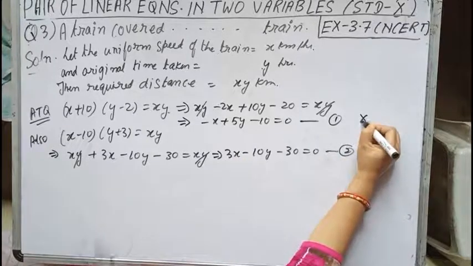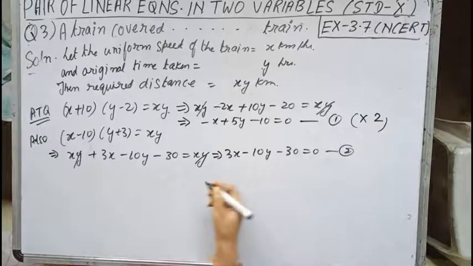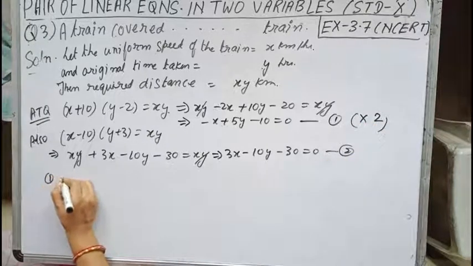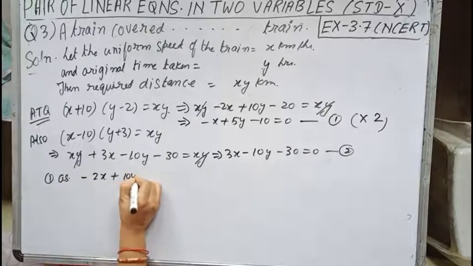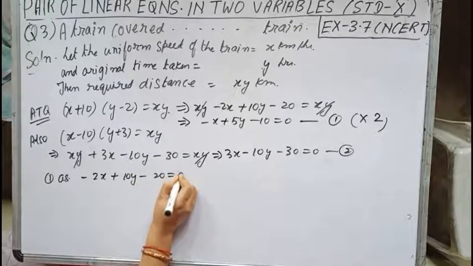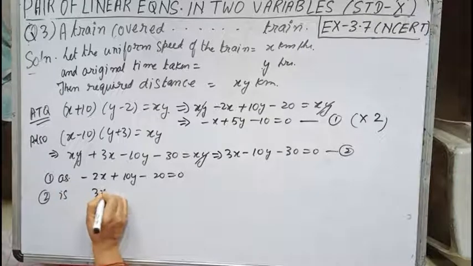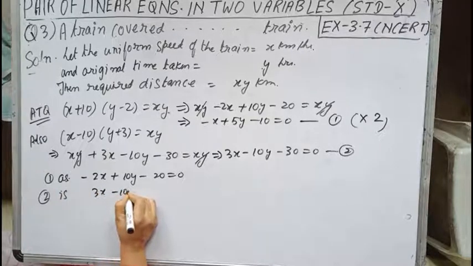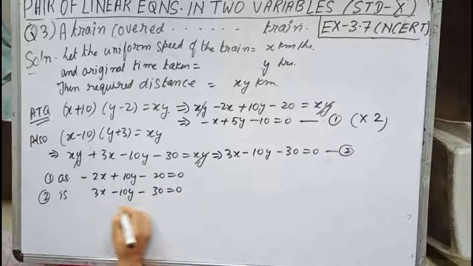Let us multiply equation 1 by 2. So if we multiply this by 2, I will be getting minus 2x plus 10y minus 20 equals 0, and the second is 3x minus 10y minus 30 equals 0.